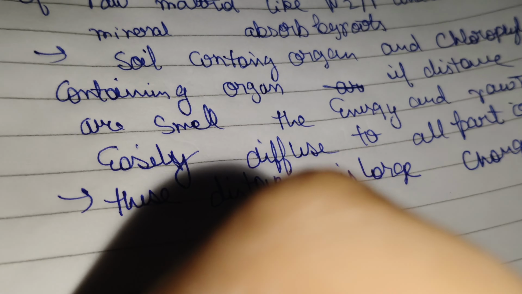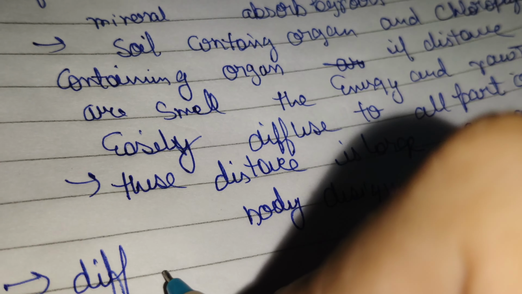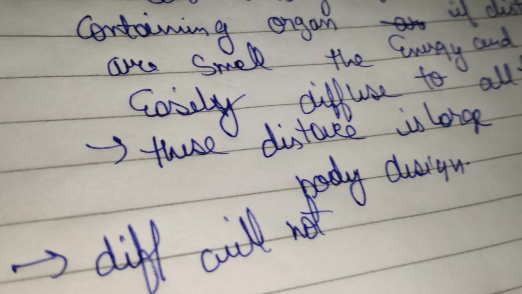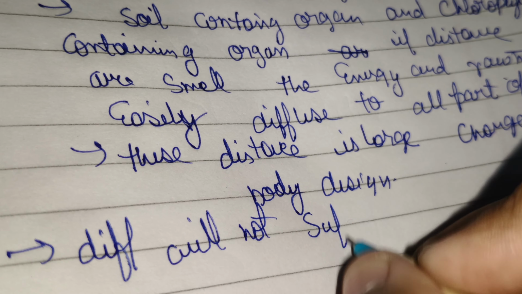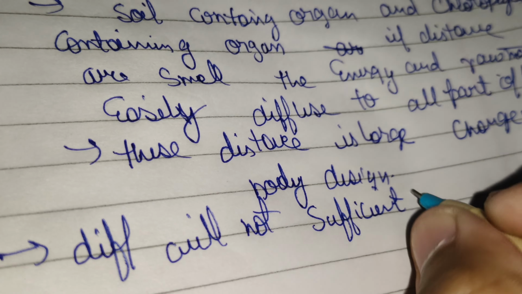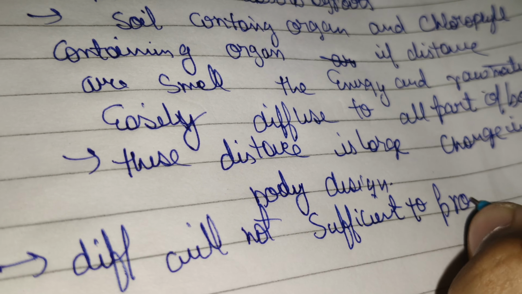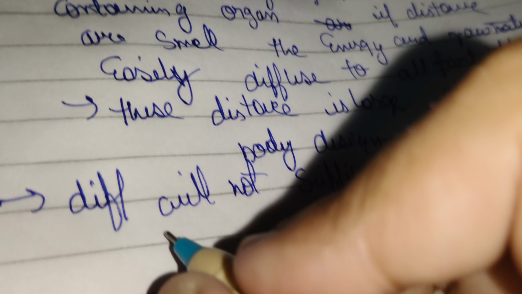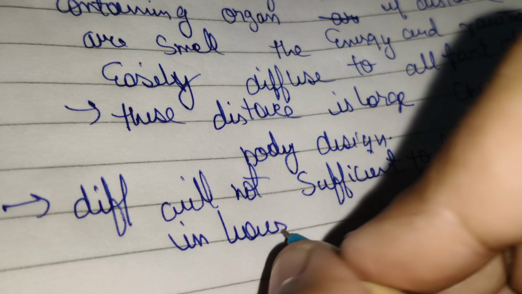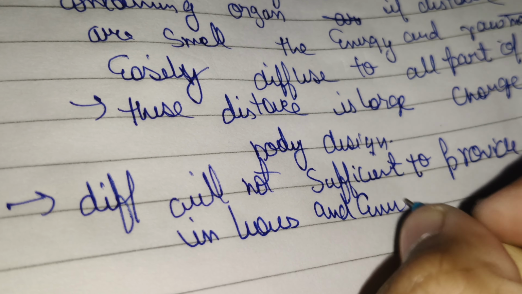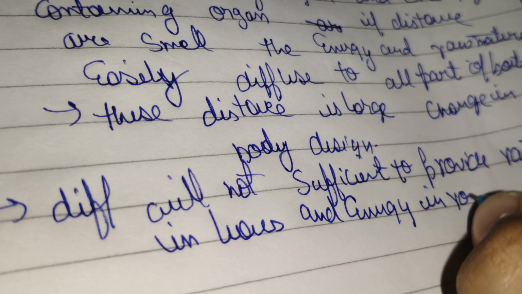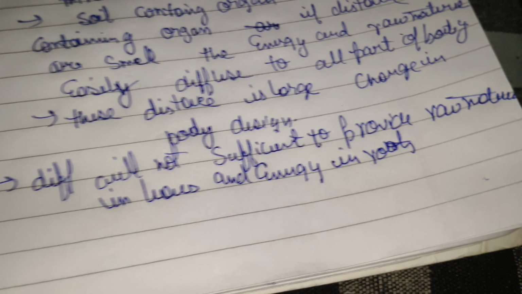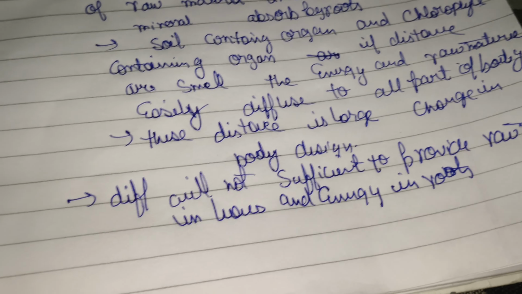So basically diffusion will not be sufficient to provide raw materials to the leaves and energy to the roots. Obviously, the distance will be too large for diffusion. A simple process will not allow the raw materials to go to the leaves and energy to the roots.